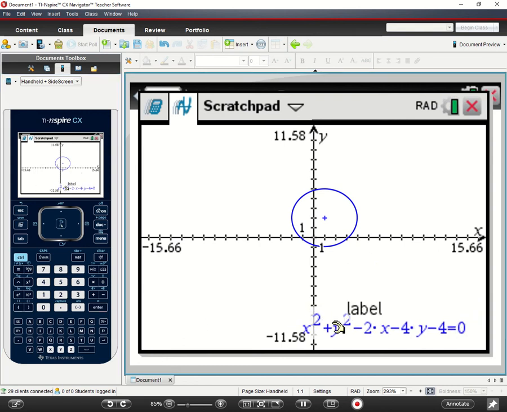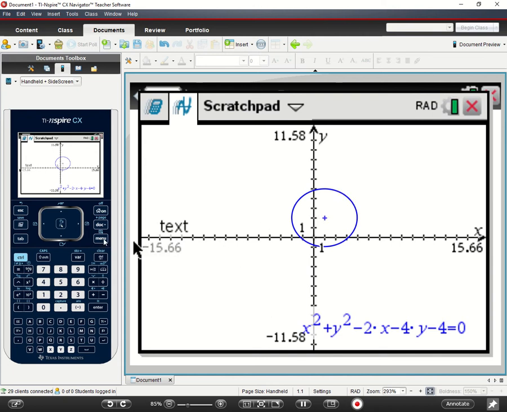Now, look at what this did. Does my calculator give me the center? Am I able to get away with not doing all of that? Yes, I am. You are able to get away with not doing all that.